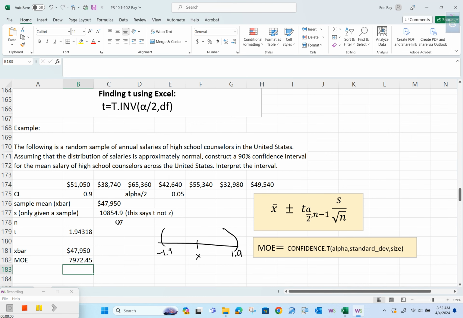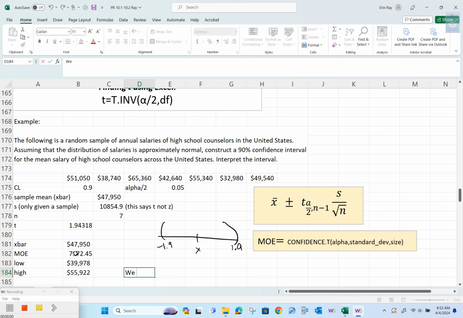Okay, now that we have that, we can find the low side of our interval and the high side, not in terms of t-scores, but the actual numbers related to our mean. So starting with the middle and subtracting the margin of error, and then starting from the middle and adding the margin of error.